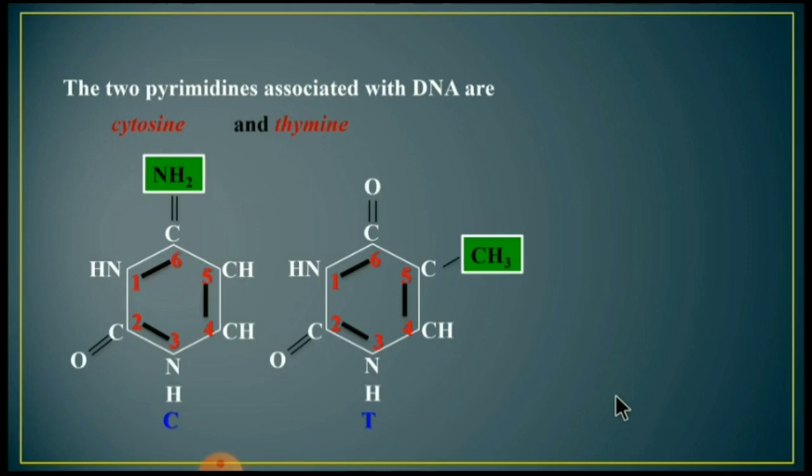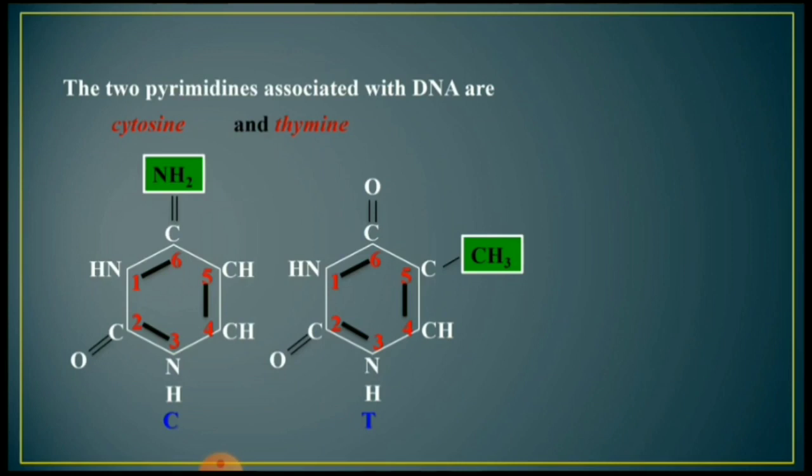One of the differences between DNA and RNA is that DNA is made up of deoxyribonucleotides, whereas RNA is made up of ribonucleotides. In case of DNA, the nitrogen bases are adenine, guanine, cytosine and thymine. In case of RNA, the nitrogen bases are adenine, guanine, cytosine and uracil.